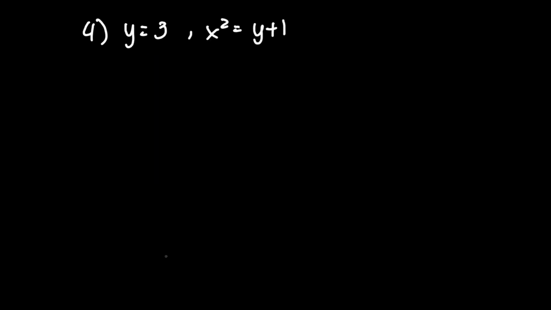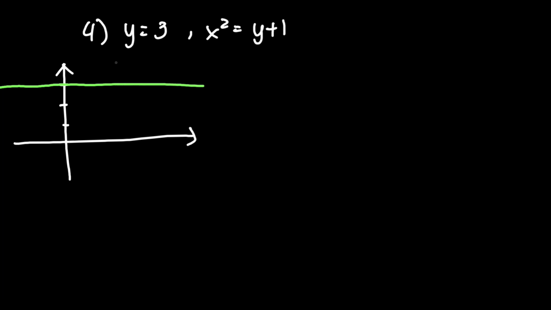For the next example, y equal 3 and x squared would be equal to y plus 1. So first let us put this y equal 3. It is just a line. So this would be this.